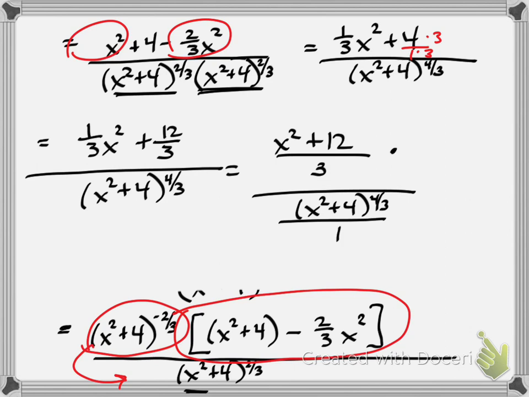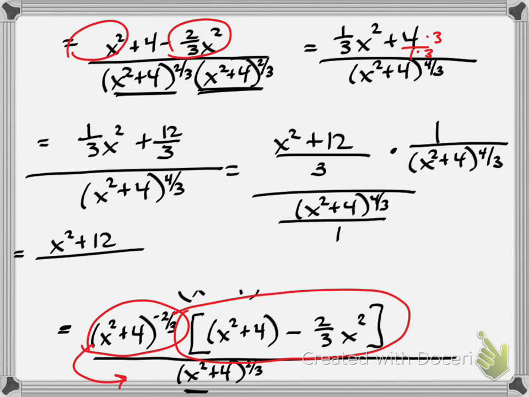So we can flip that up and multiply by the reciprocal. So it's a problem that keeps on giving. x squared plus 12 in the top and 3 parentheses x squared plus 4 to the 4/3 in the bottom. Didn't look like it was going to be that bad.